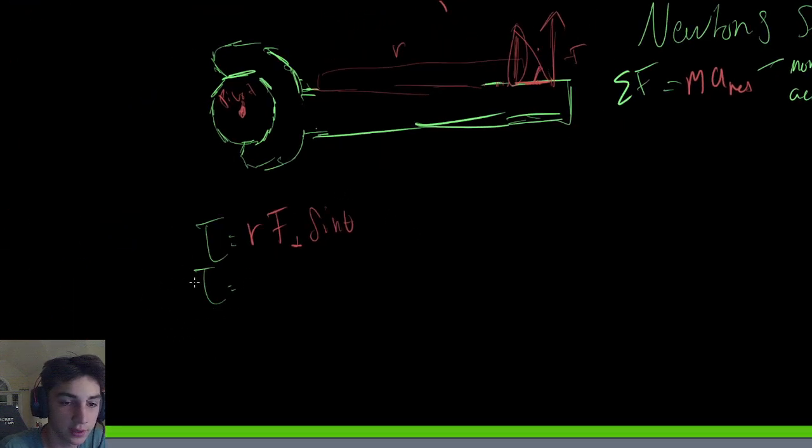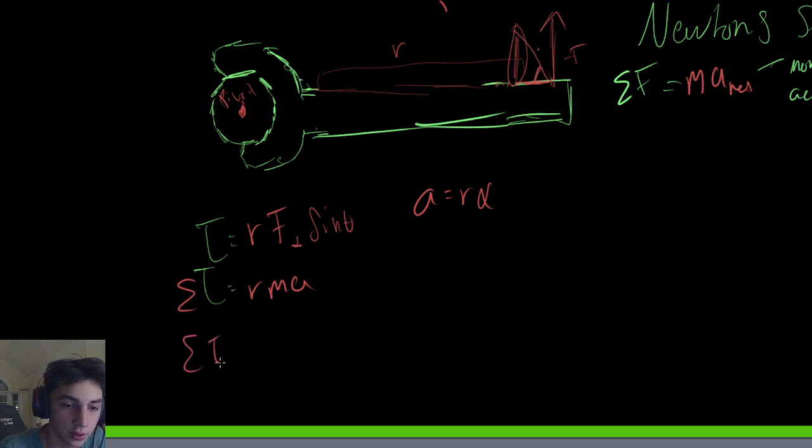If we have the net torque, when we plug in our force, we get r times ma. And we know acceleration from our derivation: acceleration equals radius times angular acceleration.